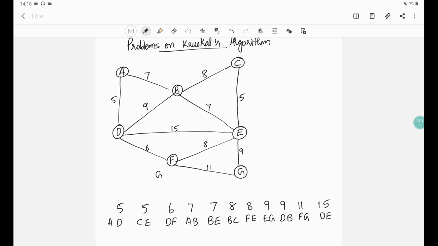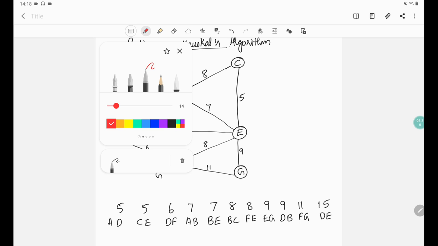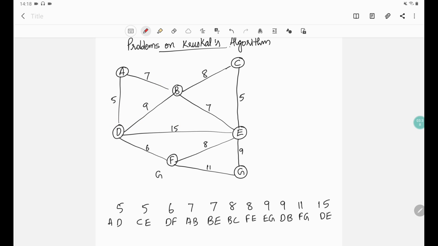So first of all we will be considering the first edge with weight 5. Let's consider edge AD. AD can be added to the spanning tree. Here I am showing the spanning tree in red color. The addition of AD will not create any circuit in the spanning tree. Therefore AD can be added.